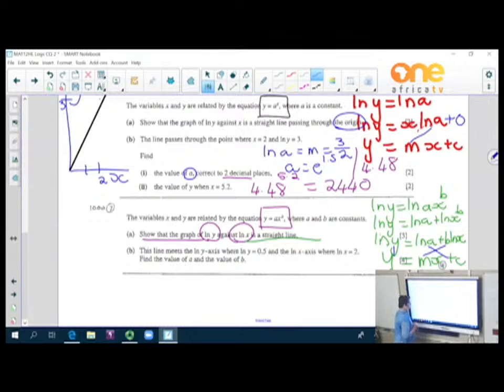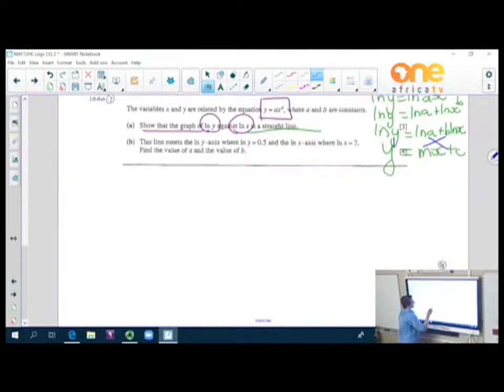This line meets the ln y axis where ln y is 0.5, and the ln x axis where ln x is 2. Now, let's draw that graph so that we get the idea. Both axes are ln y, ln x.